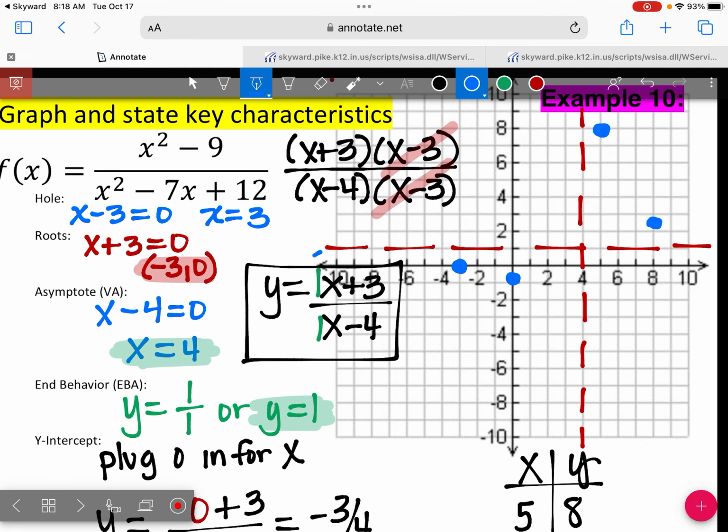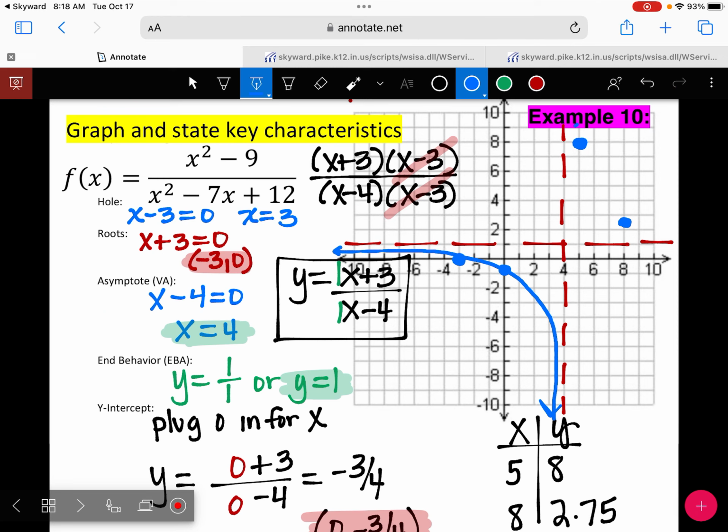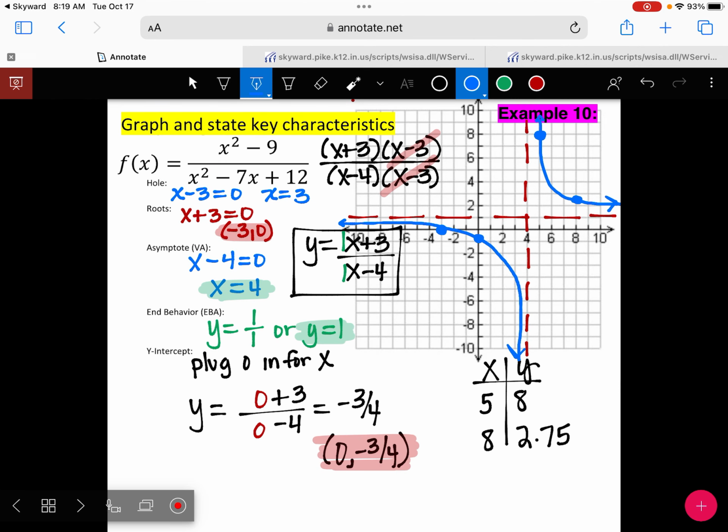All right, so now we're ready to draw this in. Go ahead and draw. Remember, you're going to get really close to the asymptote, but not go past it. And let's not forget our hole. We got to put a hole on the graph at positive 3.